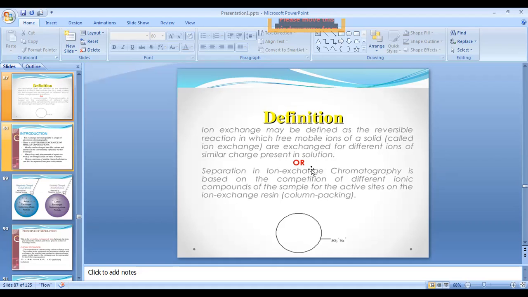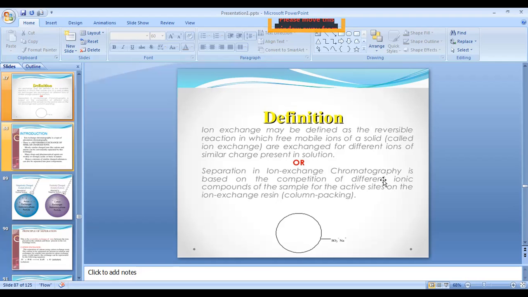In other words, the separation in ion exchange chromatography is based on the competition of different ionic compounds of the sample for the active sites on the ion exchange resin. So it is somewhat clearer than the previous one. Here a competitive reaction happens, which is an exchange reaction.